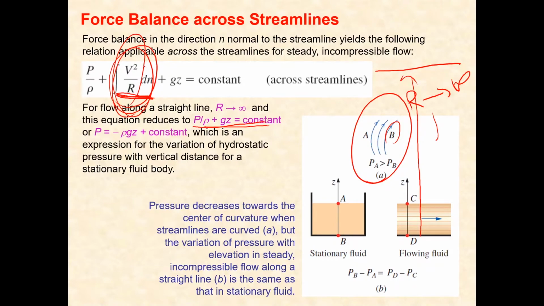That means the kinetic energy at B is higher. Since the total energy remains unchanged in the flow, it is compensated by the flow energy, which is due to the pressure. So the pressure at B is lower than at A, but the kinetic energy at B is higher than at A. That's how we can relate these energies in the flow using the Bernoulli equation.